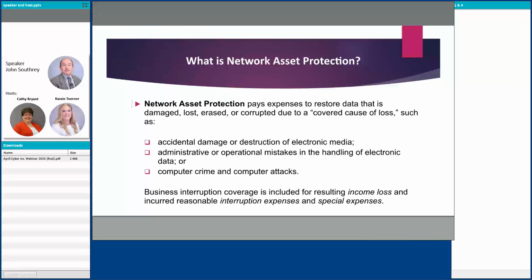And that's a key term because it means the accidental damage or destruction of electronic media, or administrative or operational mistakes in the handling of electronic data, or computer crime and computer attacks, which is what we're seeing a lot more today. And the business interruption coverage is included for resulting loss of income and interruption or extra expenses that you incur to mitigate or to avoid the interruption, and special expenses that we'll talk about in just a few slides.